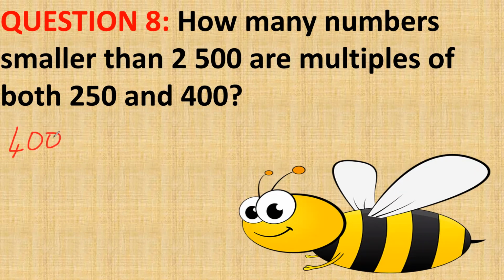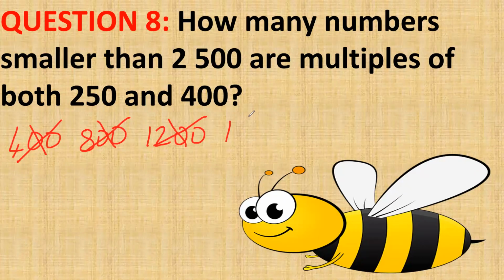Multiples of 400: the first one is 1 times 400, which is 400, but it is not a multiple of 250, it's gone. And then let's see, times 2, 800. Is 800 a multiple of 250? No. And then the next one, times 3, 1,200. Is it a multiple of 250? No. Next one, 1,600 is not.